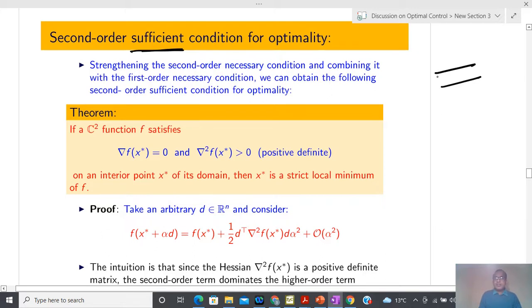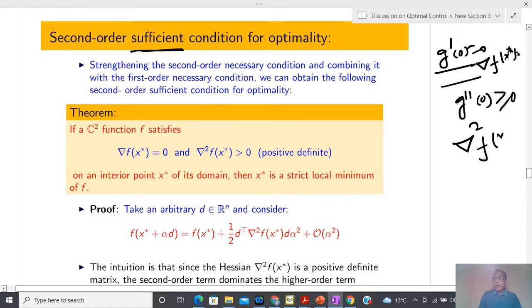Why is that only sufficient? Because I have derived the conditions g dash 0 equal to 0 and g double dash 0 greater than or equal to 0, or in other words, delta f(x star) equal to 0 and delta 2 f(x star) greater than or equal to 0. So these two are the sufficient condition.